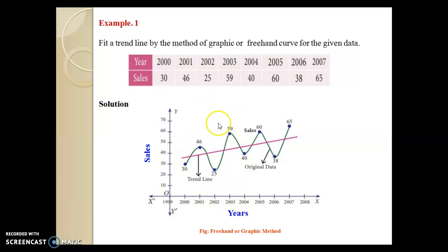As per component 1, secular trend or simply trend, the definition is that the data either increases or decreases over a long period of time, or sometimes it is stable or constant. So this is the first, simple method.